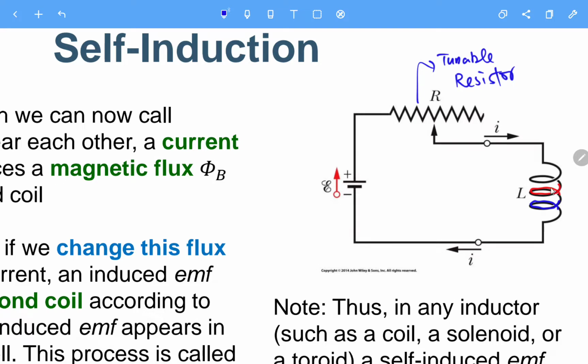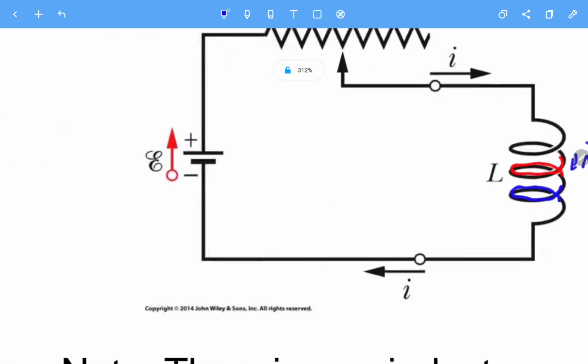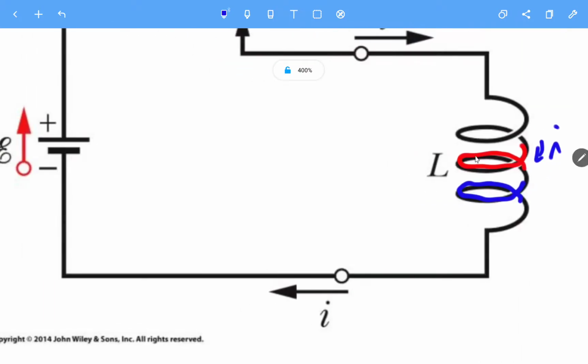and then you can simply imagine, suppose you have the current going through, for example, the red coil. Then this coil, if it has some current going through it, will generate a B field. The direction of the current is like this.